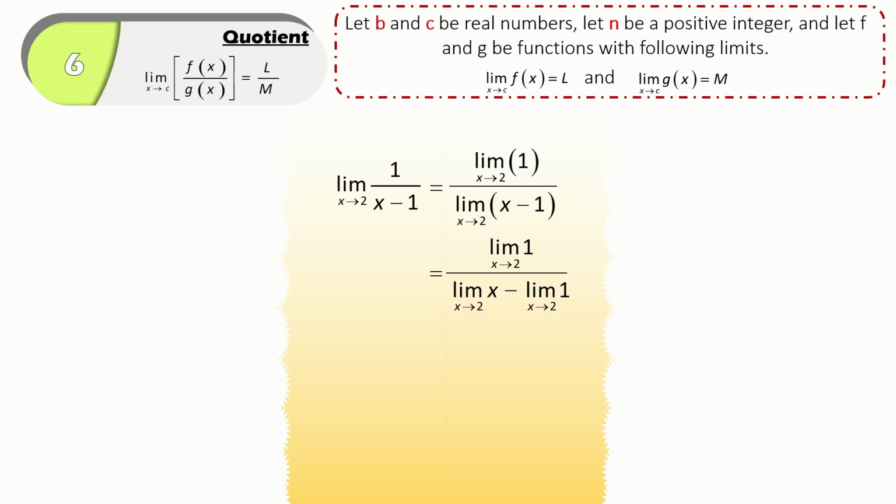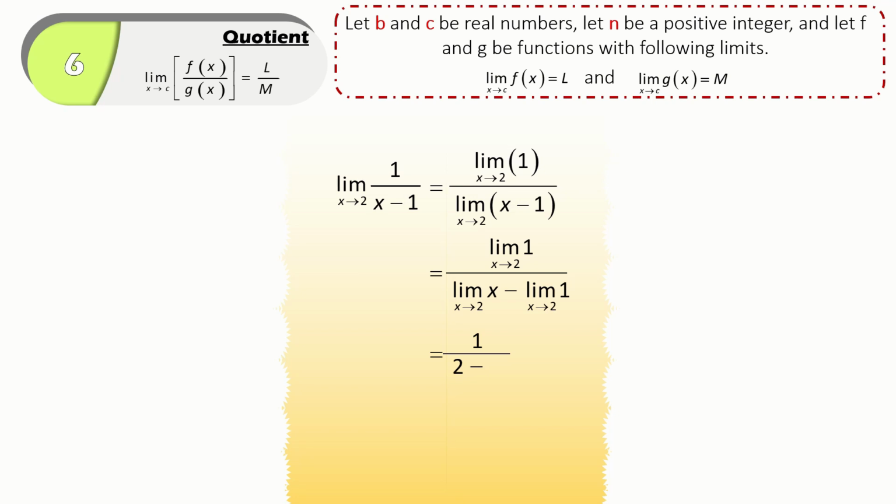For the numerator, apply the constant law. Then the limit is 1. For the denominator, apply the identity law to find the limit of x as x approaches 2, which results to 2. And apply the constant law to the limit of 1 as x approaches 2.